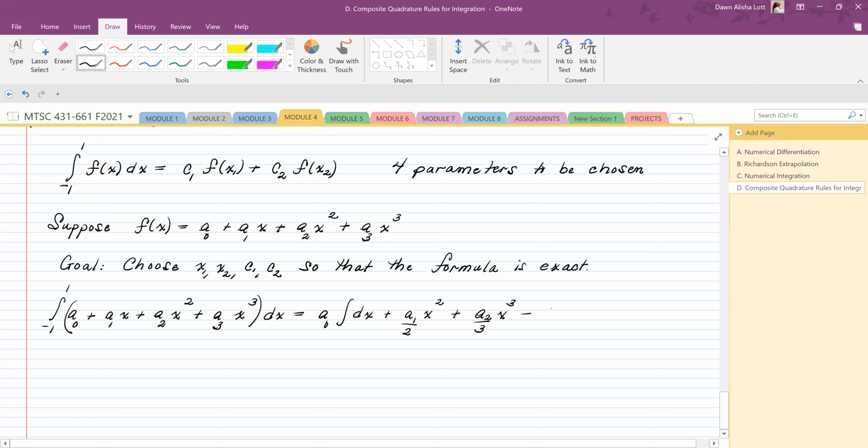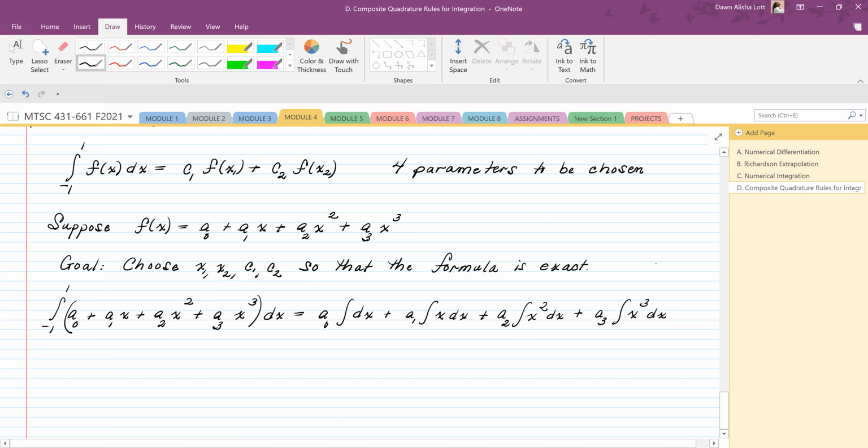Oh, I'm sorry, I'm already integrating. Stop it, Dawn. I'm moving too fast. This should be a naught the integral of dx, plus a1, the integral of x dx, plus a2, the integral of x squared dx, plus a3, the integral of x cubed.